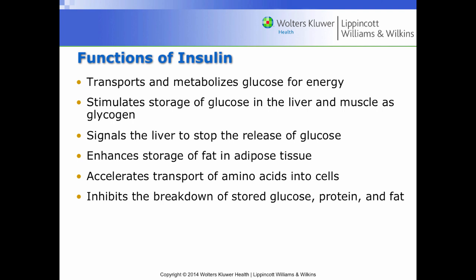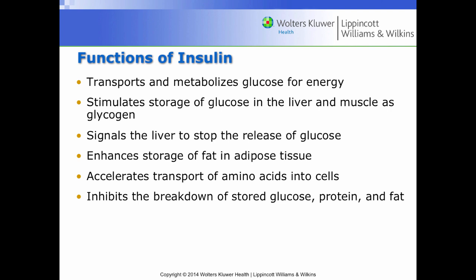So diabetes mellitus usually involves some dysfunction in insulin, as I mentioned, either secretion or sensitivity or both. Now, it's important to understand the normal function of insulin in order to understand the development of diabetes. So insulin does many things.